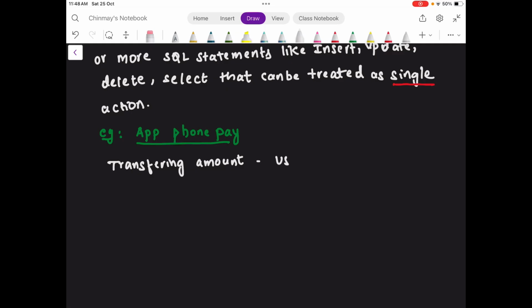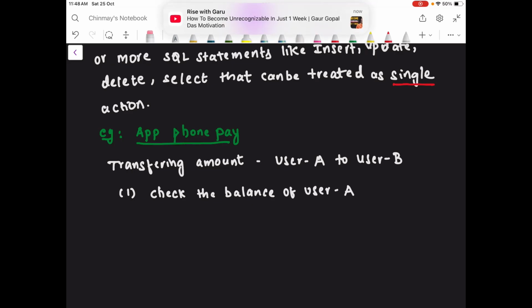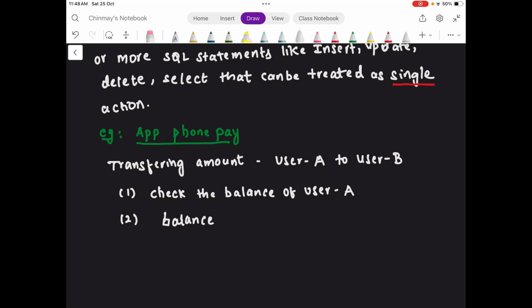You are user A, you are transferring an amount to user B. What process is generally involved? First, check the balance of user A. For example, you are transferring 1000 rupees.